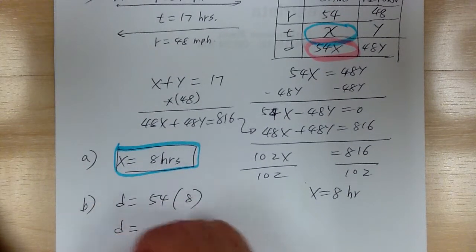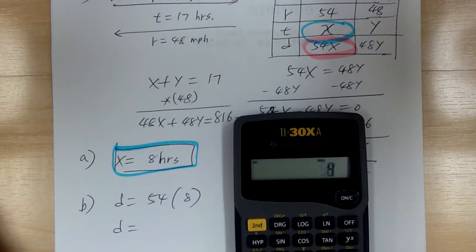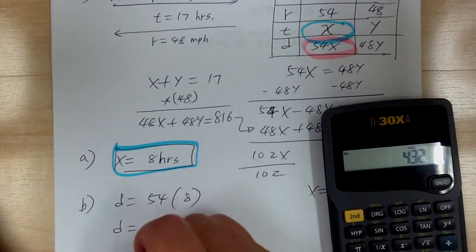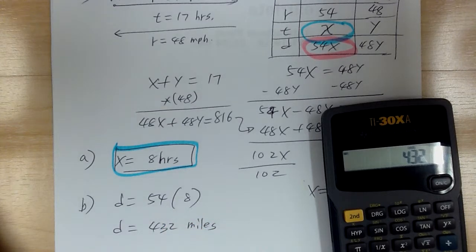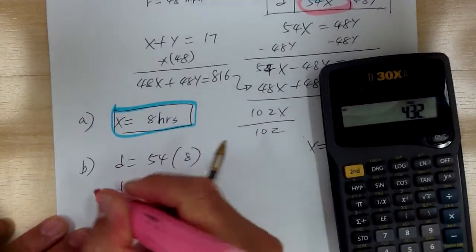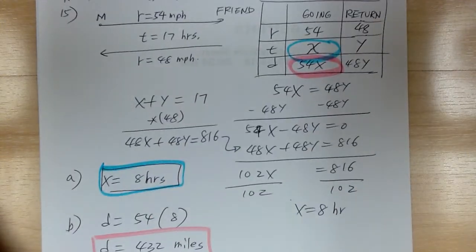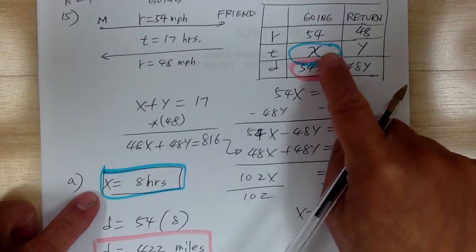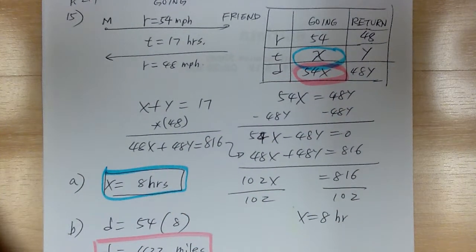So D equals, let me get the calculator, 54 times 8 equals 432 miles. And so this would be the pink. So make sure you understand what they're asking, and then finish and answer the question.